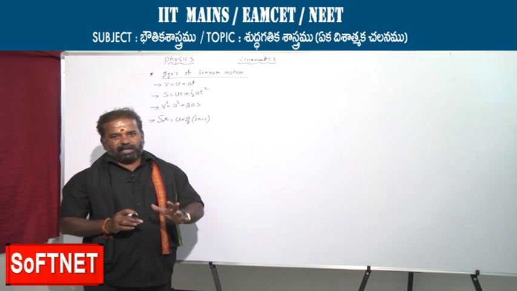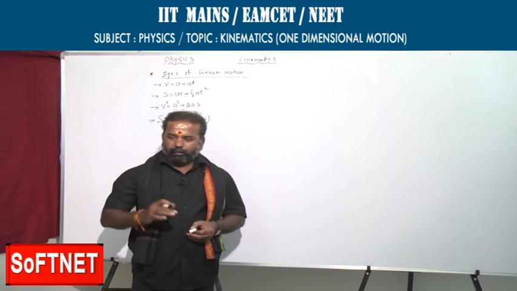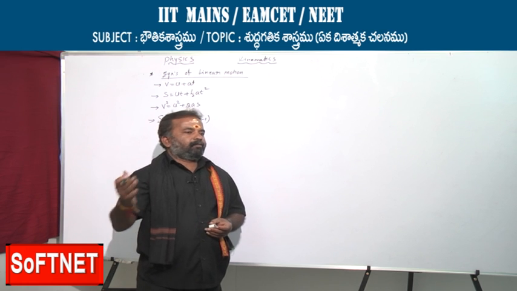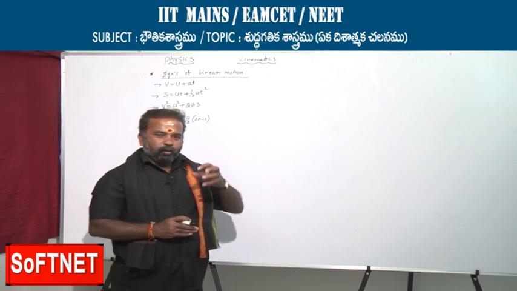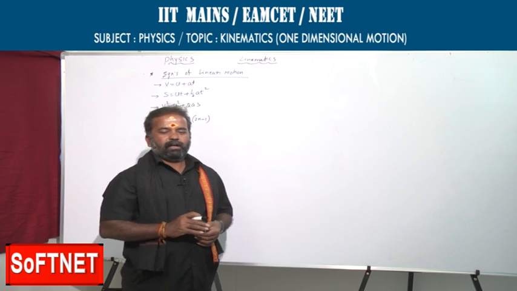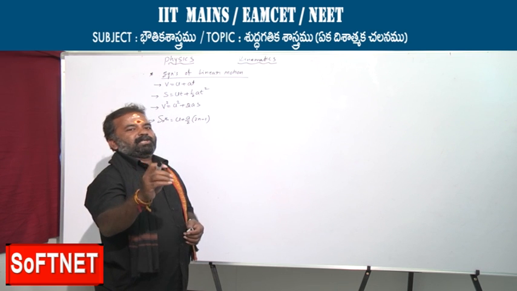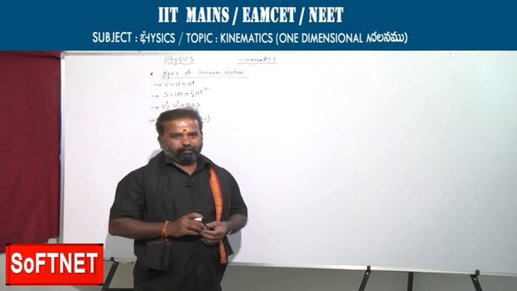If a body starts from rest, initial velocity is 0. If a body comes to rest, final velocity is 0. If a body moves with a constant velocity, therefore acceleration is 0. So these are the basic points we should remember whenever we are applying.